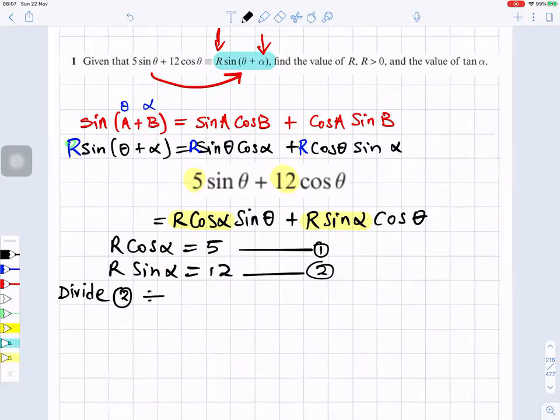So equation 2 divided by 1. Why did we choose 2 divided by 1? Because it will give us tan alpha, and we can find tan alpha. So it'll be r sine alpha divided by r cos alpha equals 12 over 5.